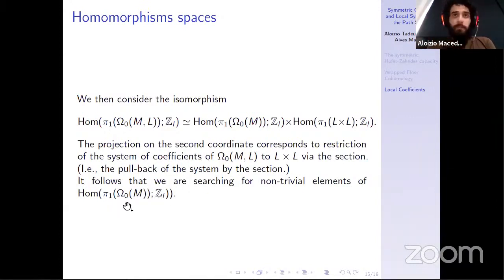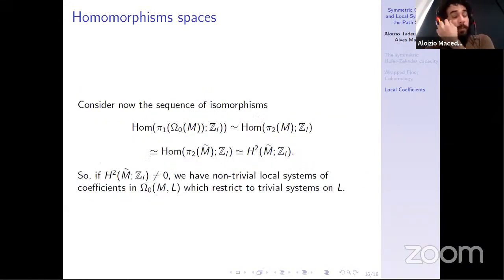So let's now do some algebraic topology. We can consider the sequence of isomorphisms. I'll try to describe quickly what they are, okay? So this one is just the fact that the homotopy groups of the base of a loop space are related to the loop space of this space by a shift of 1, okay?